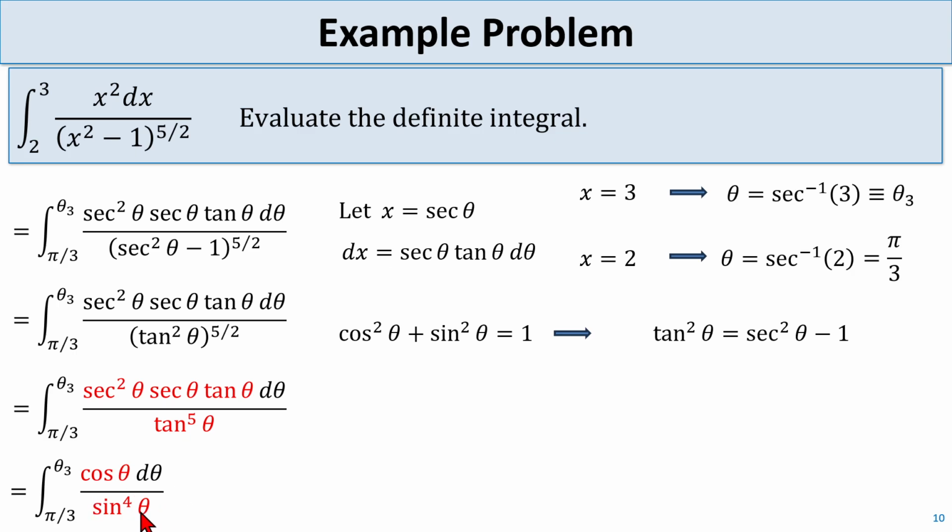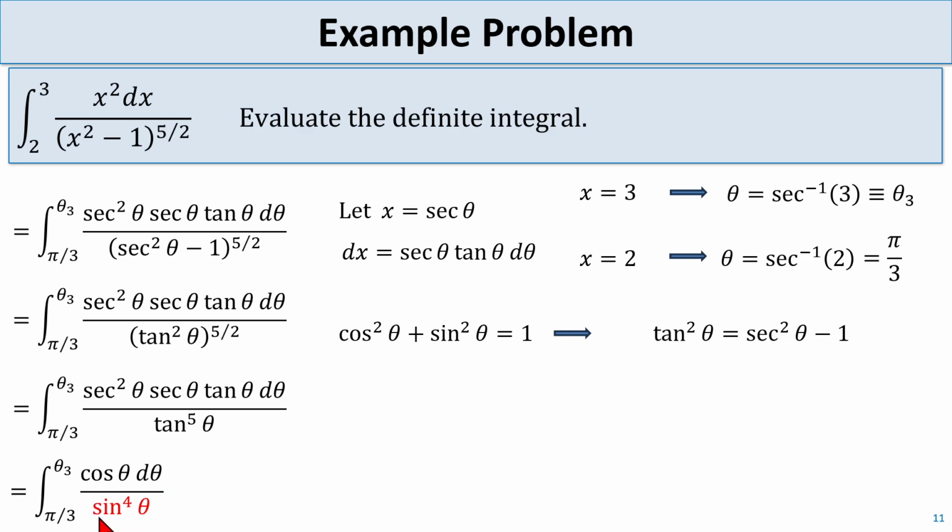Now, when I look at this expression, I need to think of ways of integrating this. And one way I could integrate this is using the method of substitution. Not trig substitution, just normal substitution. The reason I know that I can do that is because if I let u be sine of theta, the derivative of sine of theta is cosine of theta, and that appears as a factor in the numerator.